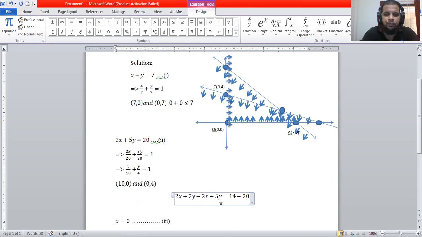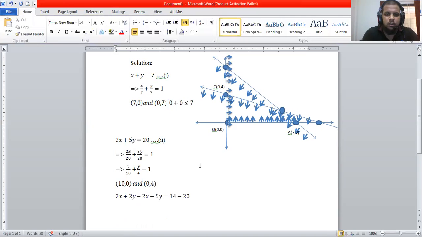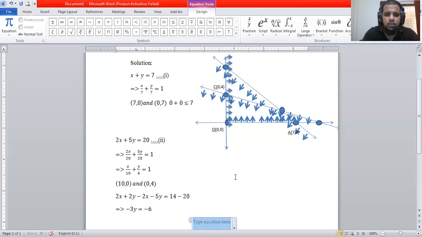Now 2x cancelled, and it will be minus 3y is equal to minus 6. That means we get y equal to 2.